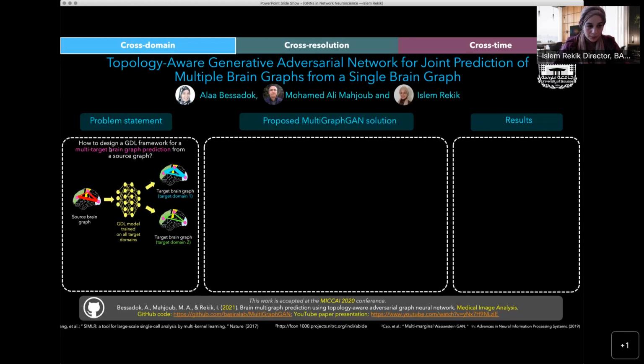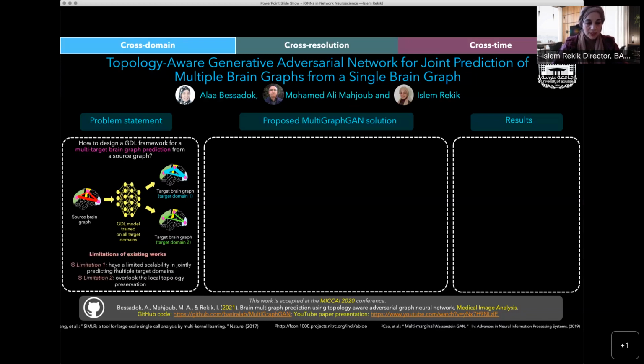The problem that we want to solve here is how can we design a graph neural network or geometric deep learning framework that enables the prediction of multiple target graphs across multiple domains from a single source graph. So this is the question that we want to answer. How can we do this multi-graph generation model?